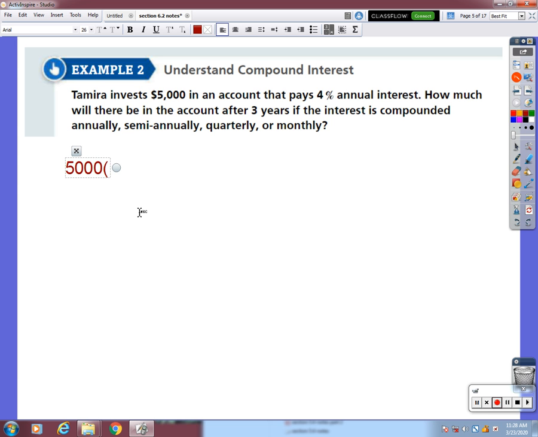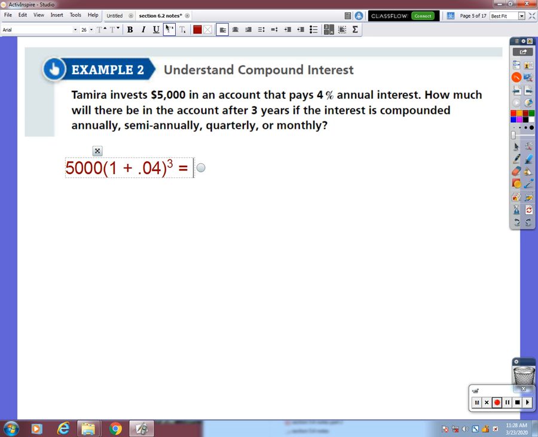So I'm going to go 5,000 times 1 plus, and I'm doing plus because I'm adding interest to my account. 4% as a decimal is 0.04. Technically, I'm dividing this by 1 because it's annual interest, but again, that doesn't affect it at all, so I'm going to leave that out. And then I'm raising this to the 3rd power to represent the 3 years that I'm keeping the money in my account.